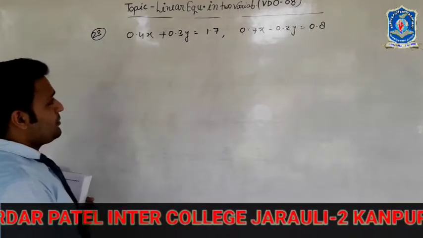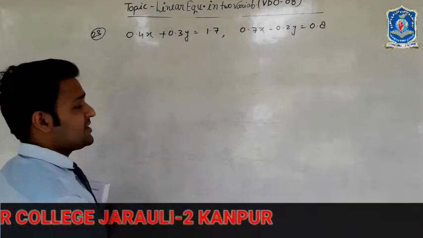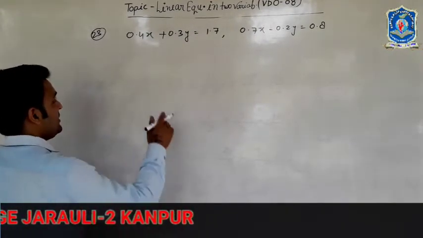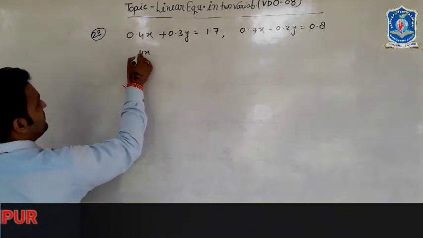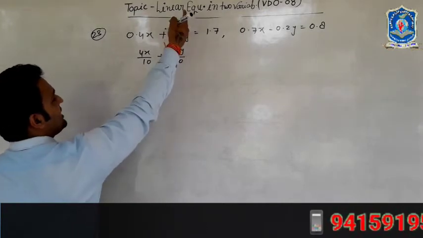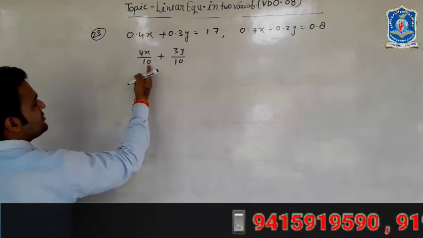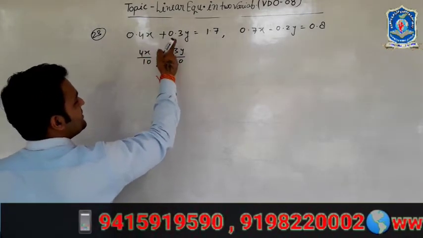We have solved this type of question previously, students. This is a decimal expression, and in a decimal expression we can write 0.4x as 4x/10 + 3y/10. Remove the decimal and increase by 0, because of the one digit. Do not count variables, only count digits.